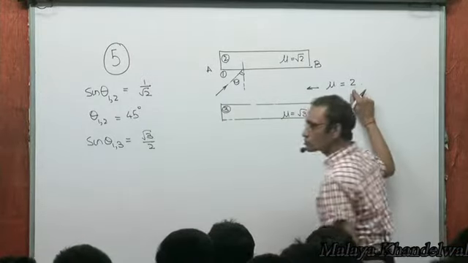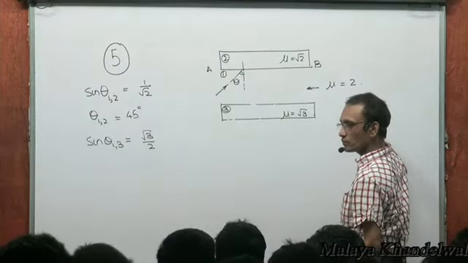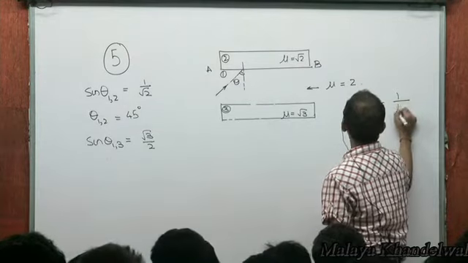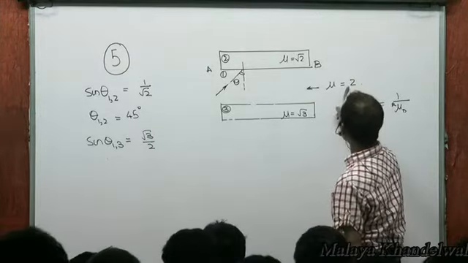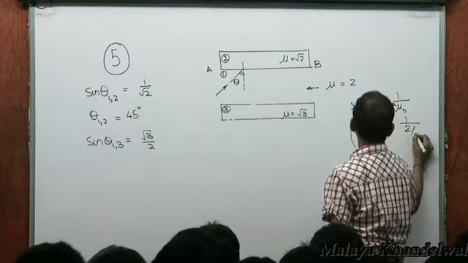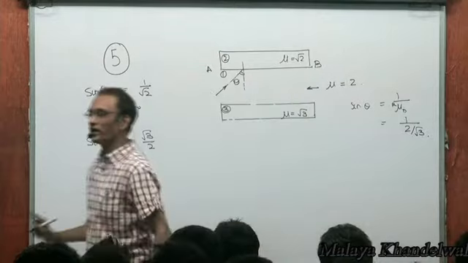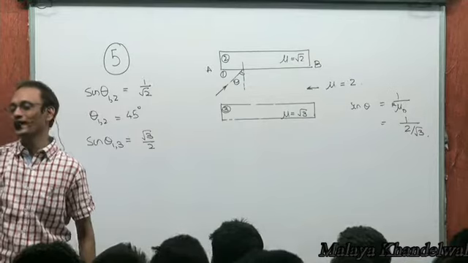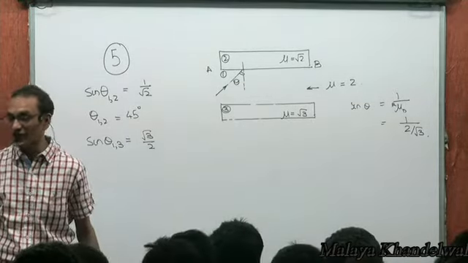This is root 3, this is 2. 1 by sin theta c is what? 1 by mu of the denser medium with respect to the rarer medium. Denser medium is 2. That means mu of the denser medium 2 divided by mu of the rarer medium, which is root 3. Again, I don't think this way. This is not how I think. If I have to find the critical angle, I'll just think smaller by larger, because sine would always have to be less than 1. So I'll just think smaller.